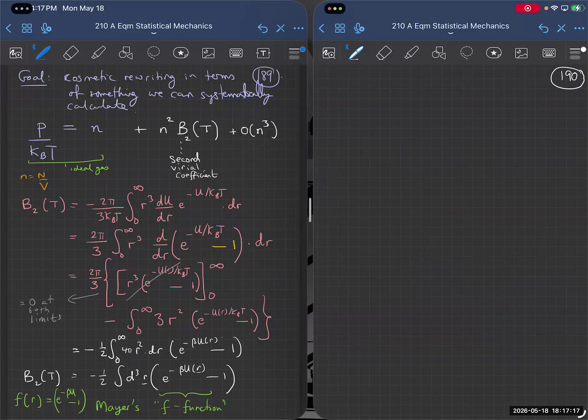So let's compute B2 of T from the Lennard-Jones 6-12 potential, and let's have a look at what it looks like. So here is B2 of T. And what units does B2 have?